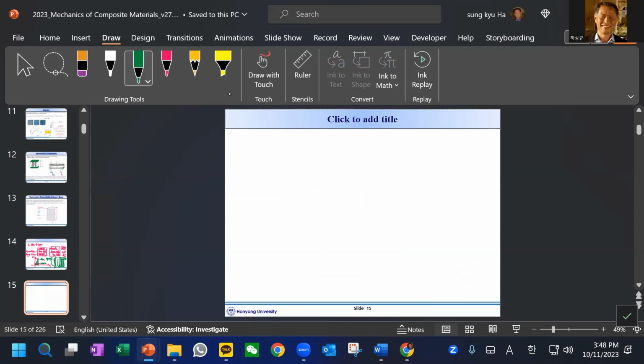Now here, another point I would like to mention is that the fiber will break, and there will be some resin outside. I will draw it like this.